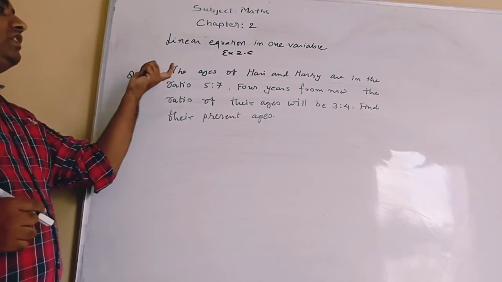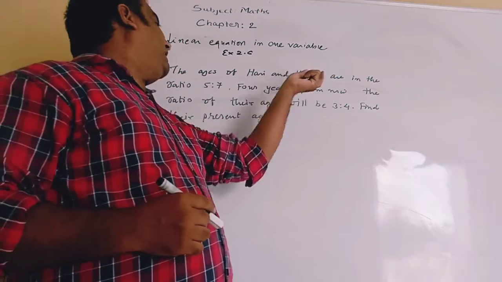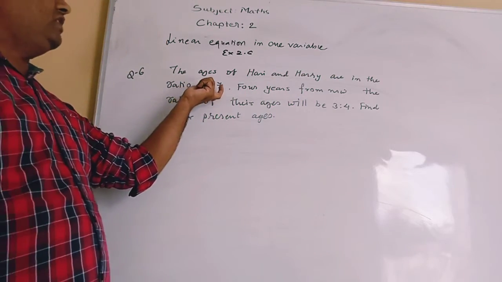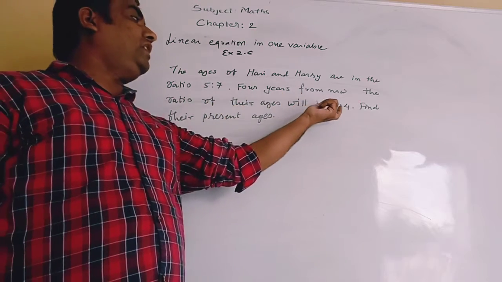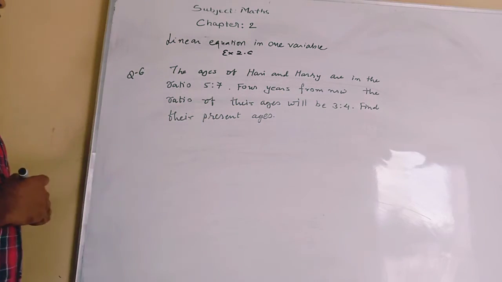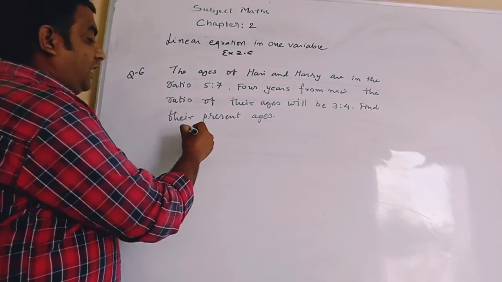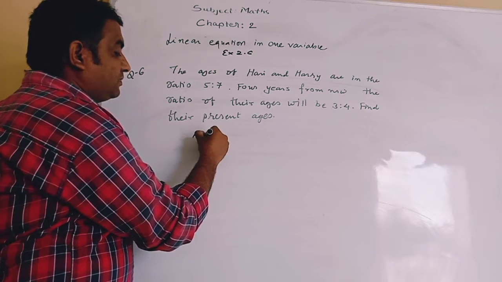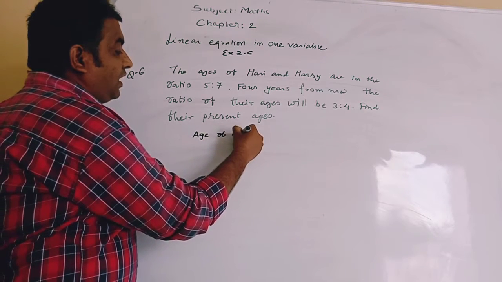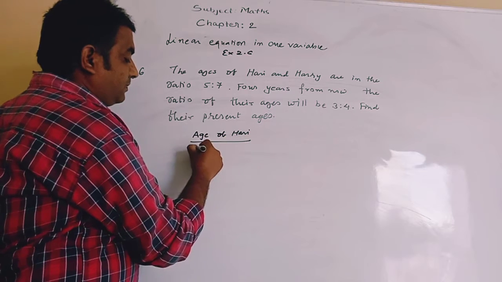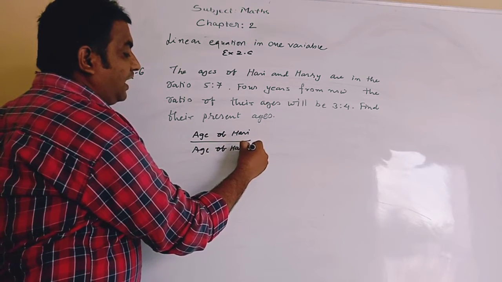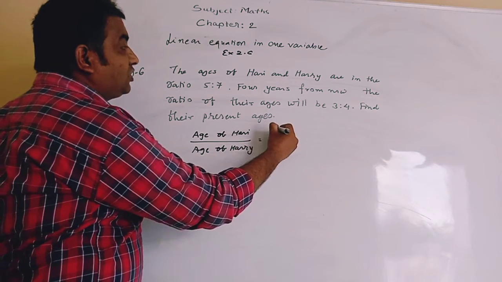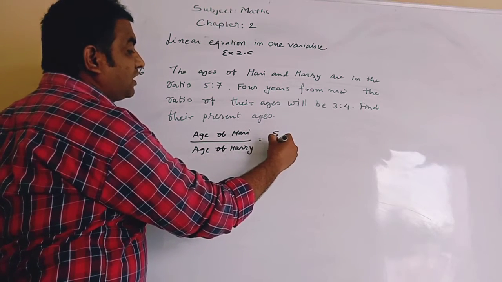Question 6: the ages of Hari and Harry are in the ratio 5:7. 4 years from now, the ratio of their ages will be 3:4. Find their present ages. The age ratio of Hari and Harry is given as 5:7.